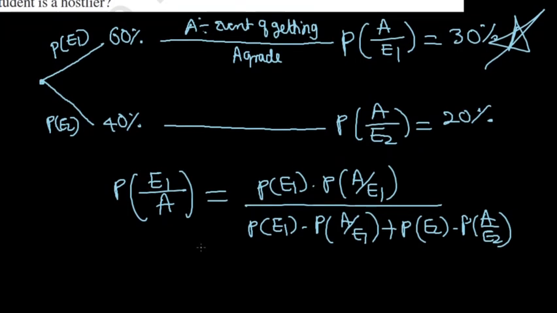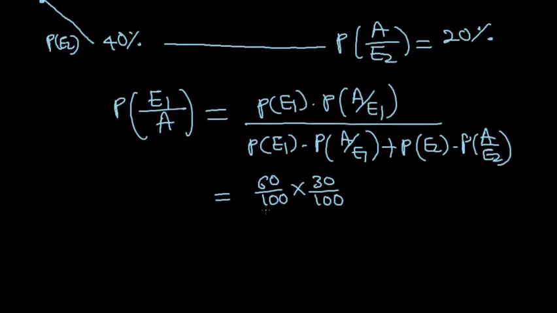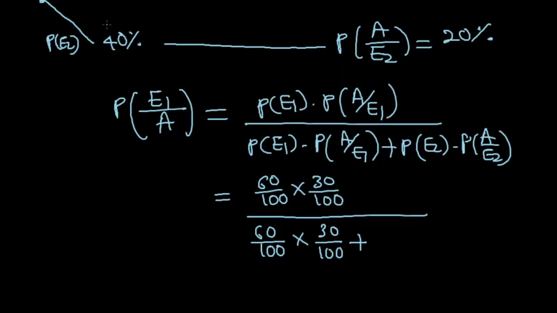We already know this result. P of E1 is 60 by 100, into P of A by E1, 30 by 100, whole divided by 60 by 100 into 30 by 100 plus P of E2, 40 by 100, into 20 by 100.